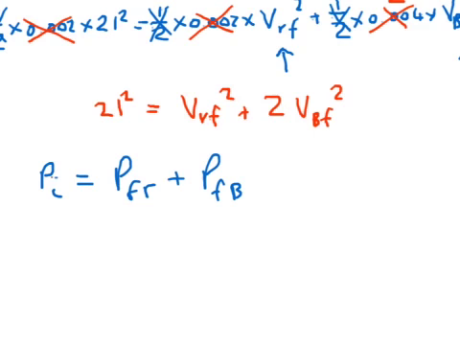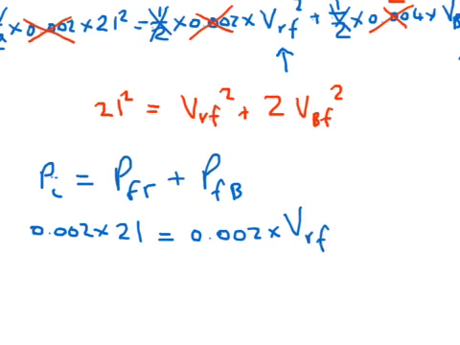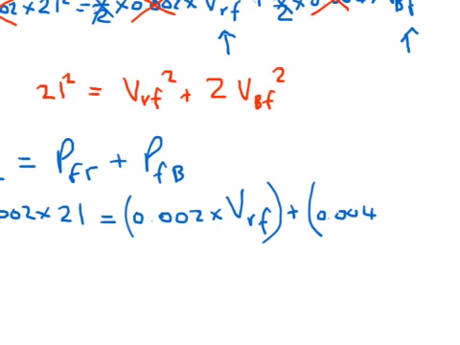Again we know everything: the initial momentum is 0.002 times 21, and that equals 0.002 times the final velocity of the red puck, plus 0.004 times the final velocity of the blue puck.